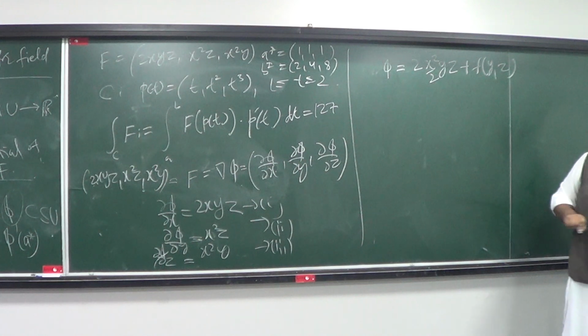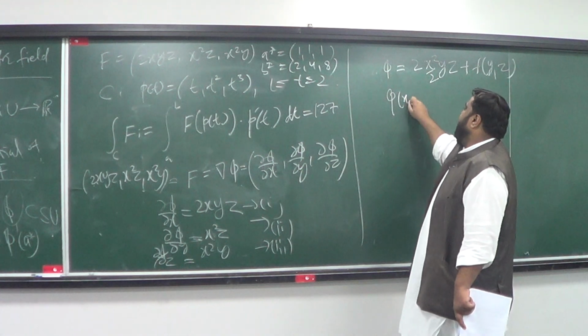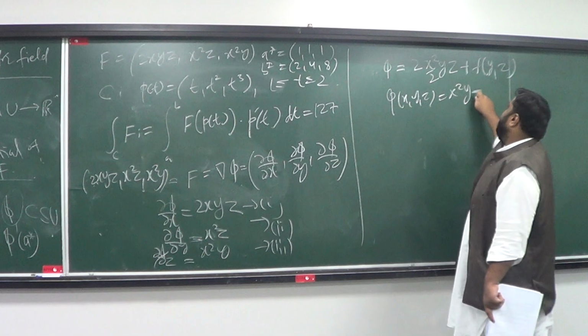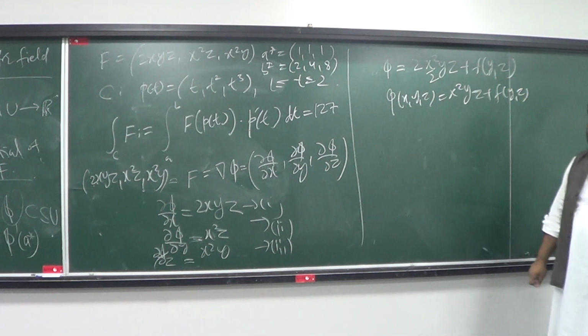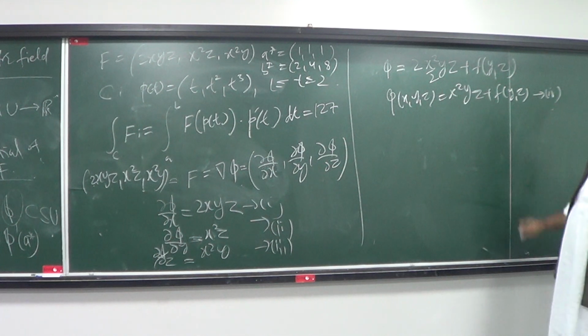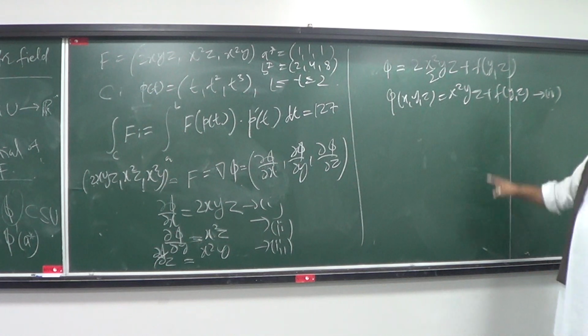So I have some form of the phi. The phi of x, y, z is x²yz plus this unknown bit, and I'm interested in finding this unknown bit. Let's call this equation number 4. Any clever strategy to find this unknown bit?